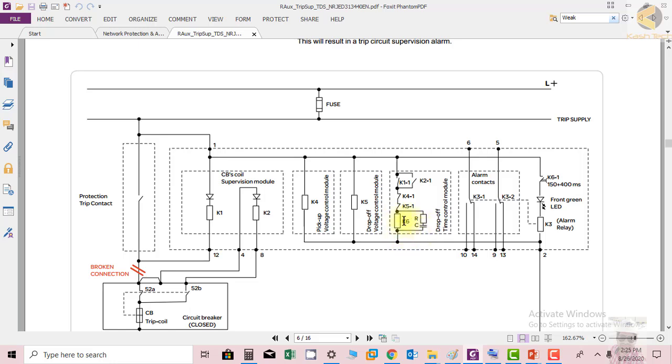When K6 is de-energized, you can see K3 again will be off and it will generate the alarm. So this is how this relay is working.